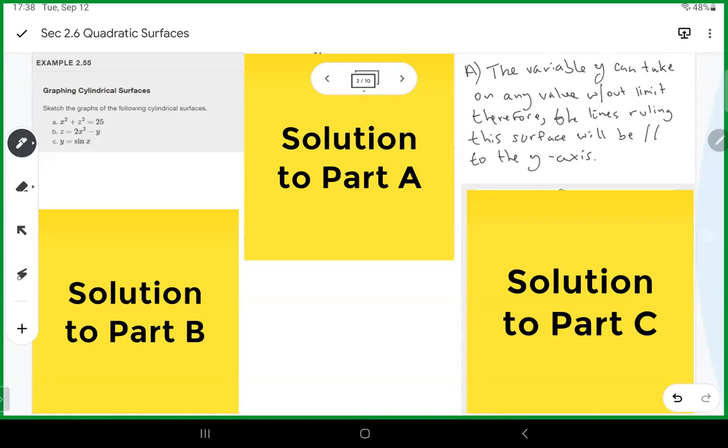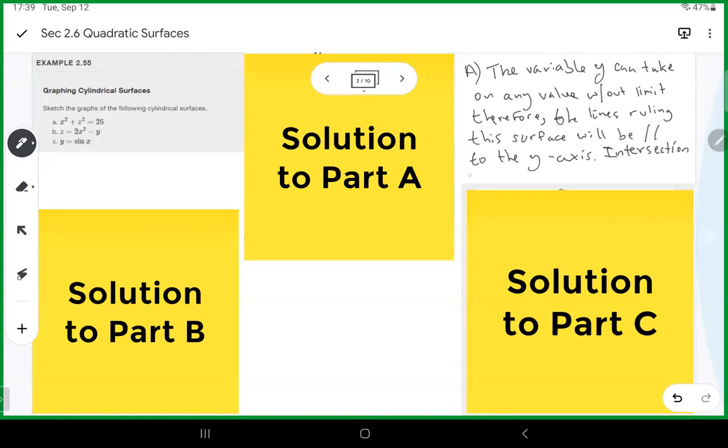Okay. So the only other thing that you need to pull out here is that the intersection of this surface with the xz plane forms a circle centered at the origin and radius 5. Okay, which you guys probably could have gotten there.